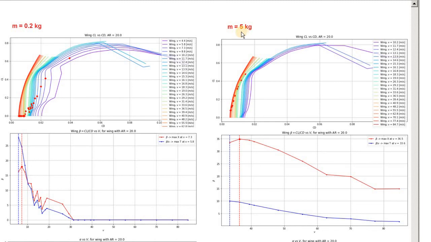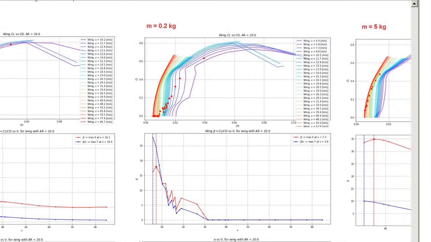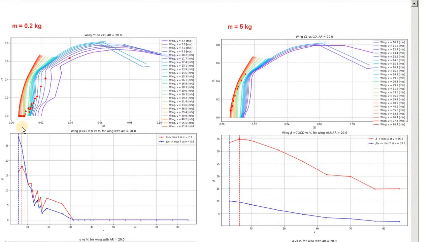So what is the right mass? I think an interesting design is when you actually use the whole range of the polar. So when you use all the curve, you use high lift coefficient and small lift coefficient, so you squeeze as much as you can from the foil. If you use too small mass or too high mass, it's a boring design.